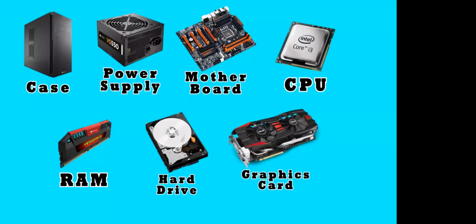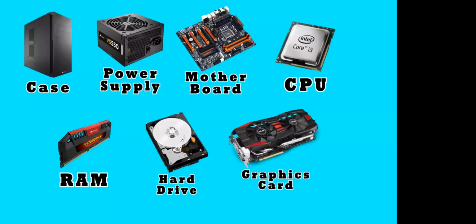So we use the power supply to give the required amount of power to the hardware components like CPU, motherboard, RAM, hard drive, and graphics card. They need power to do their work.